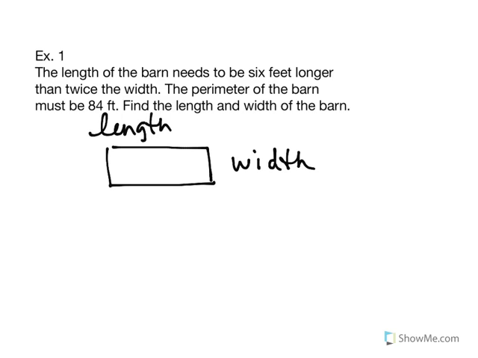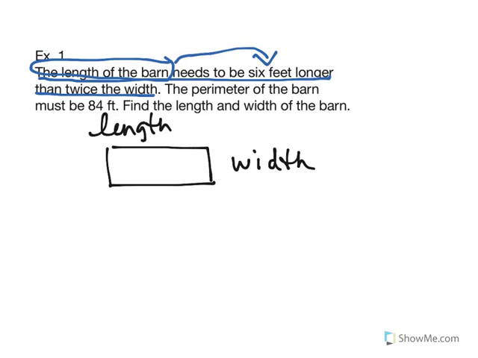Now, what I notice in the first sentence, and I'm going to handle each sentence separately: the length of the barn needs to be 6 foot longer than twice the width. Notice it says the length of the barn, and then it says some math about the width of the barn. This is the most important relationship to notice.